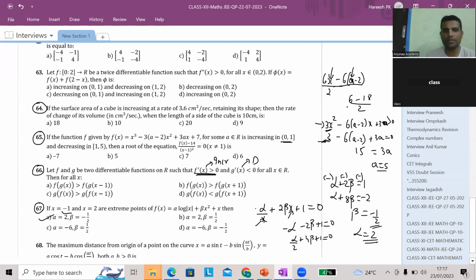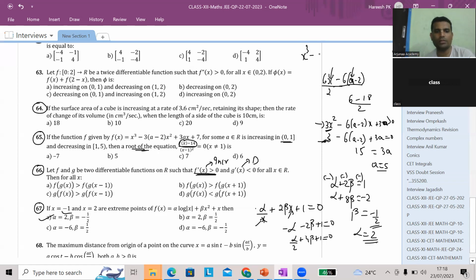No. They're asking then the root of this equation. That means basically root of this equation means f of x should be 14. Isn't it? Yes, sir. F of x should be 14. So if you equate this to 14, okay, you found out a is 5.